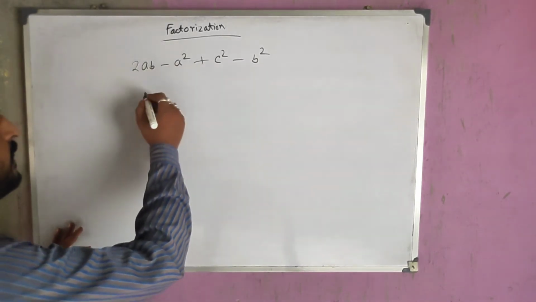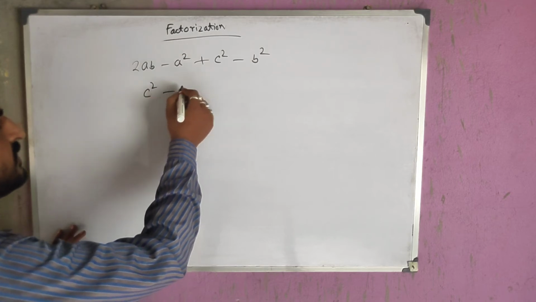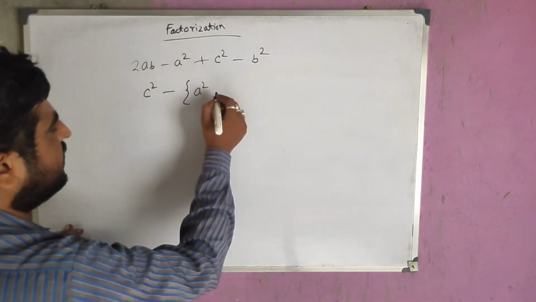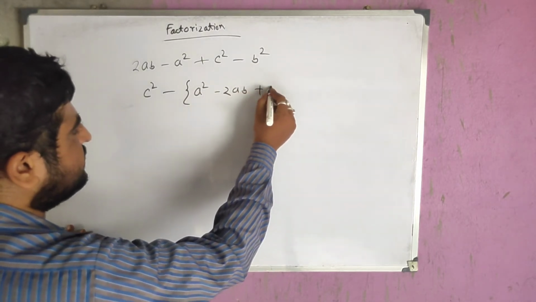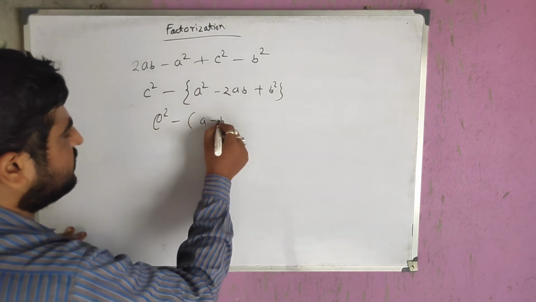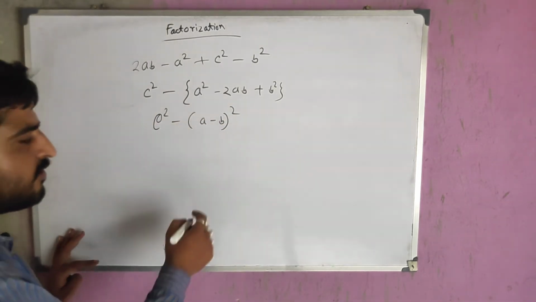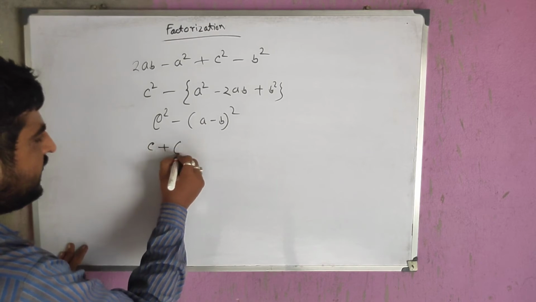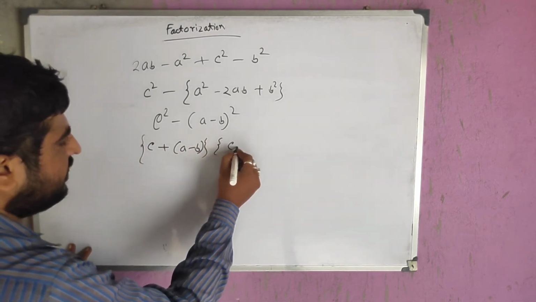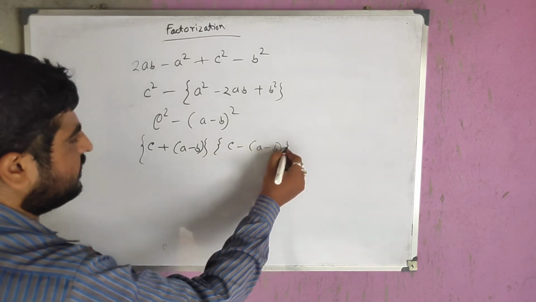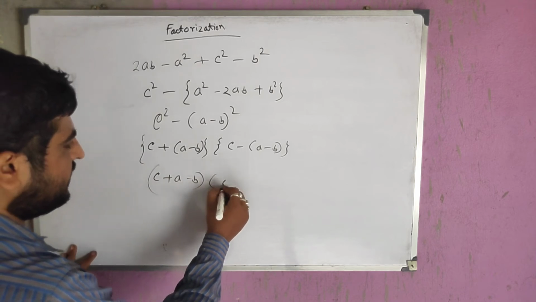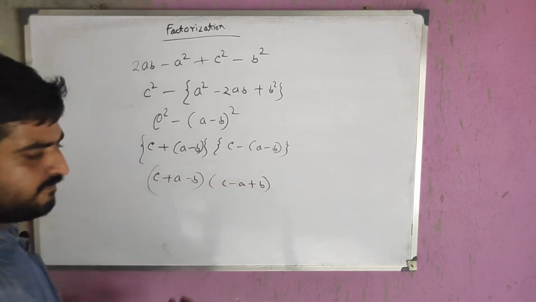So what you have to write first? We have to write this c square first, then we have to take minus common, then this square term will become plus a square minus 2ab plus b square. So it will become c square minus a minus b whole square. So it is a square minus b square form. So a plus b and a minus b. So c plus a minus b, c minus a plus b.